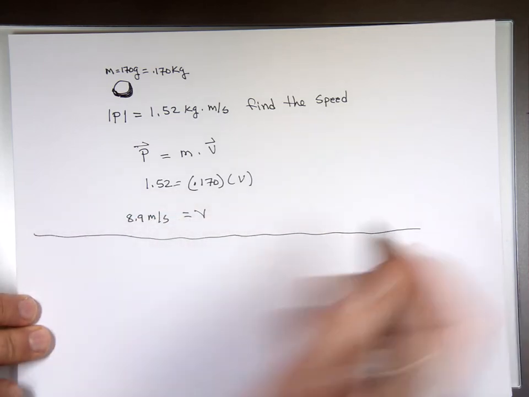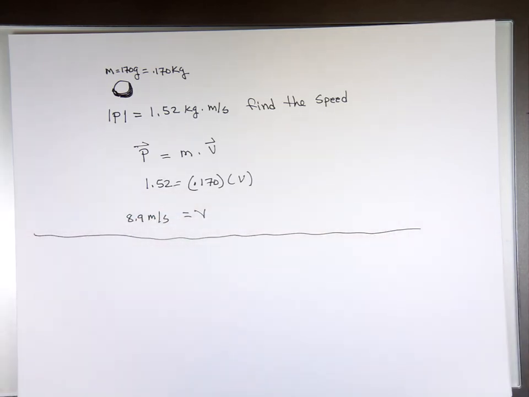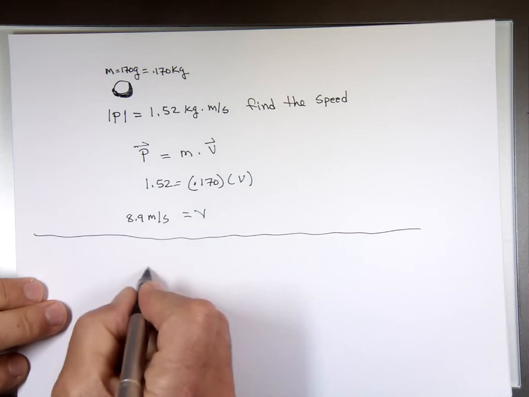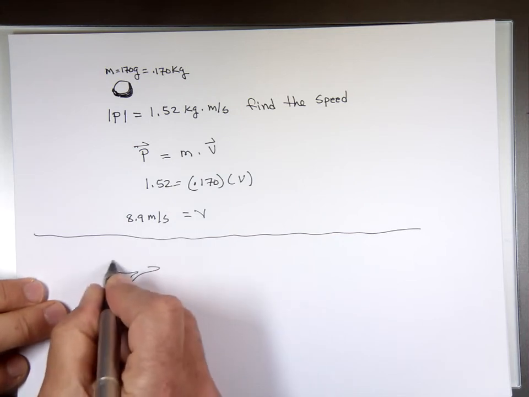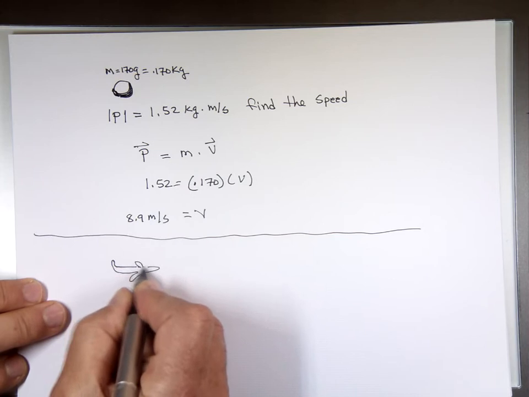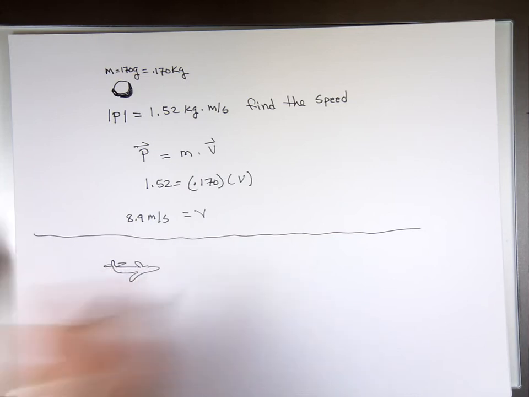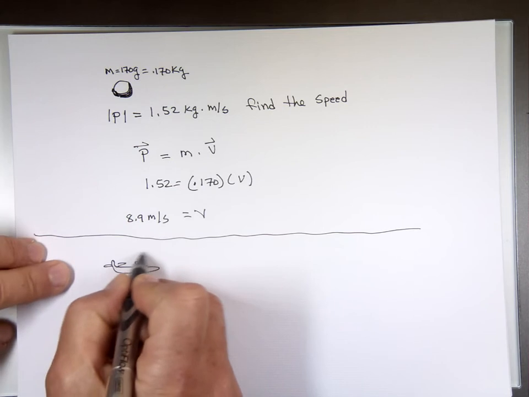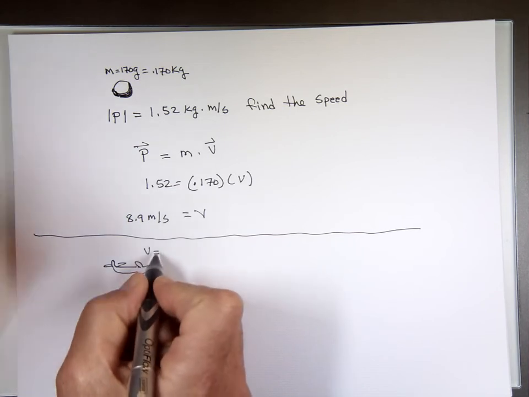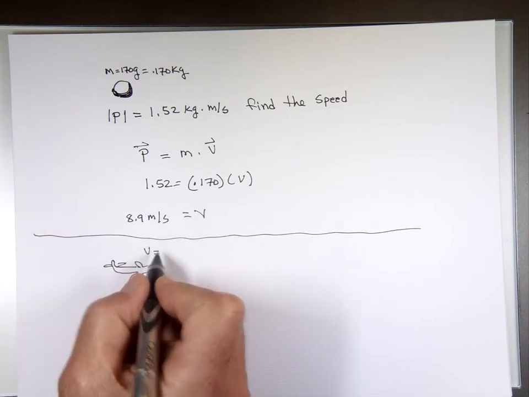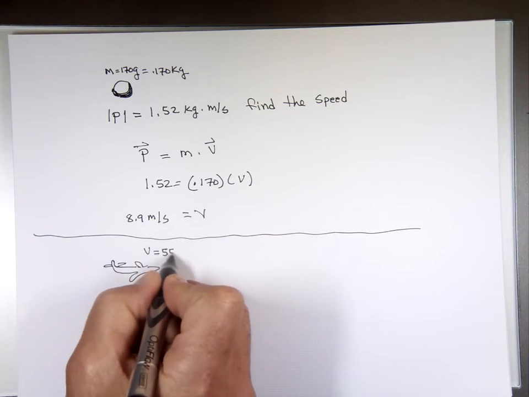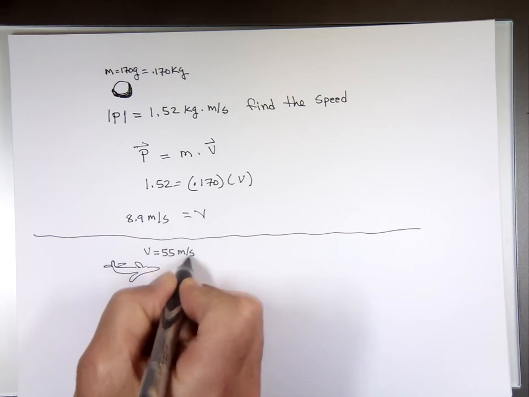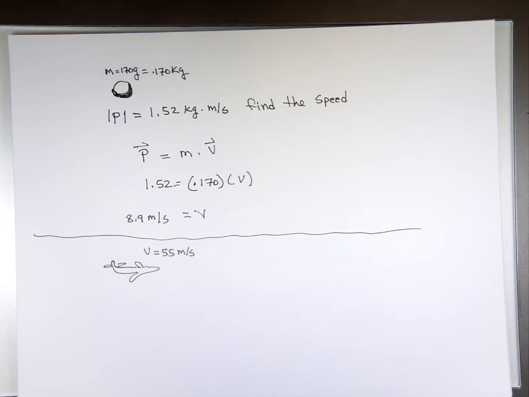I'll do one more example with linear momentum. Airplane. A commercial plane, these big planes. The speed of the plane, I'm not giving you the direction, that's why it's the speed, is 55 meters per second, so a small plane. 55 meters per second.